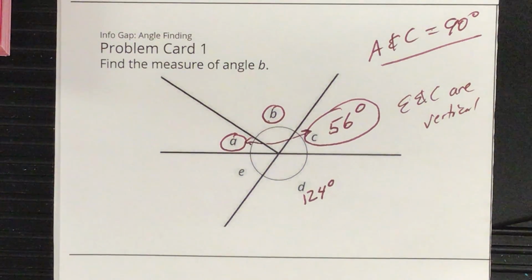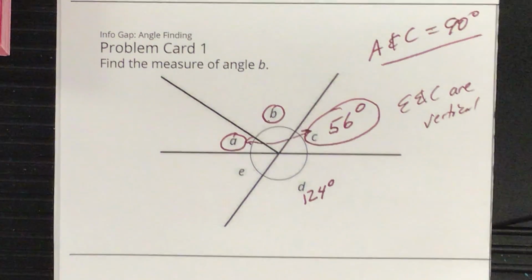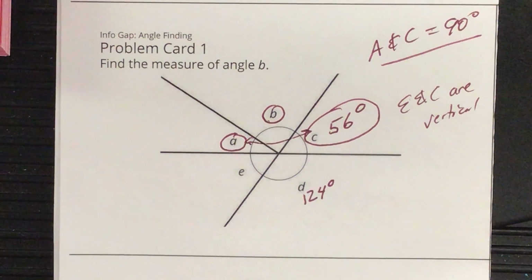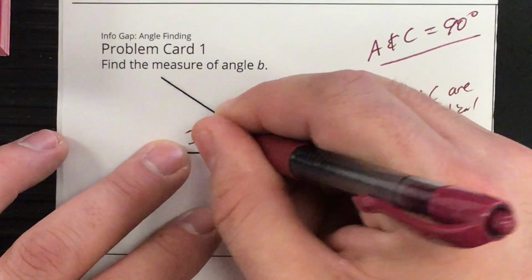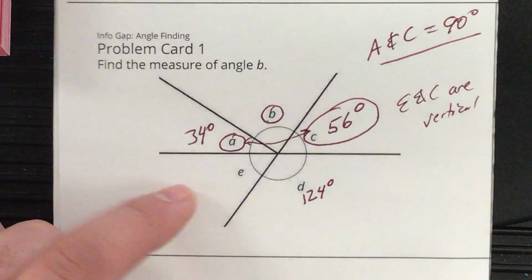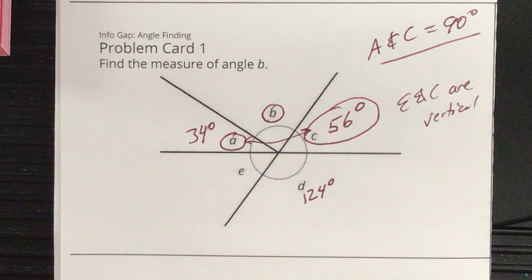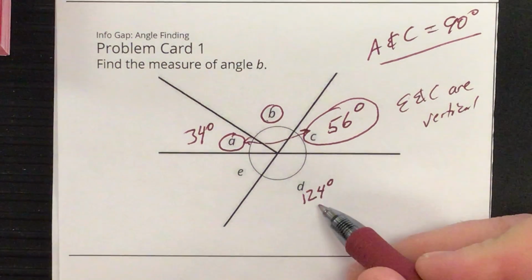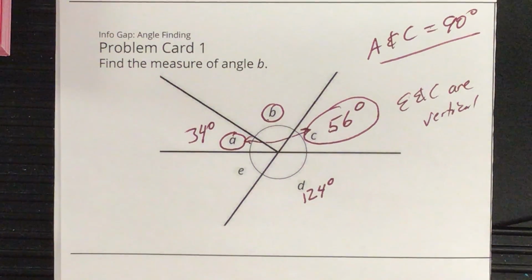So we might as well just fill them all out at this point. We should have enough information, right? Kellen, can you give me one of them and why? A is 34 degrees because 34 plus 56 add up to 90, complementary. Say that again. D is 124. B is 90.